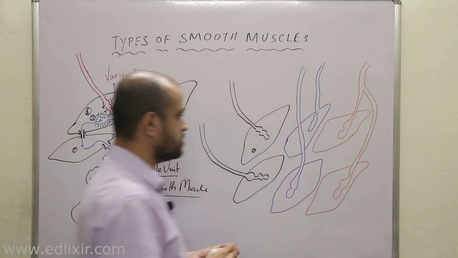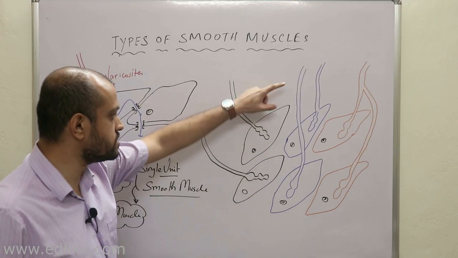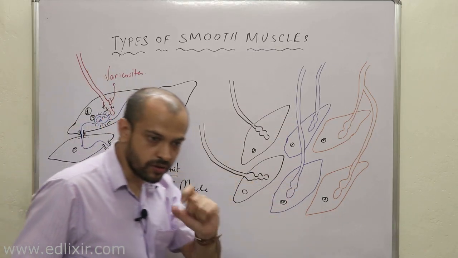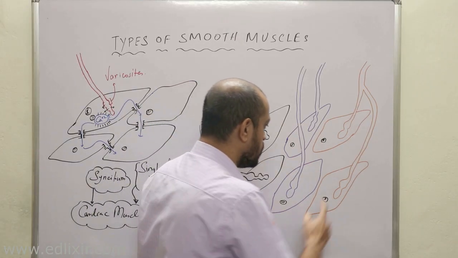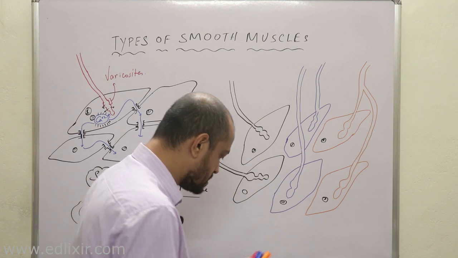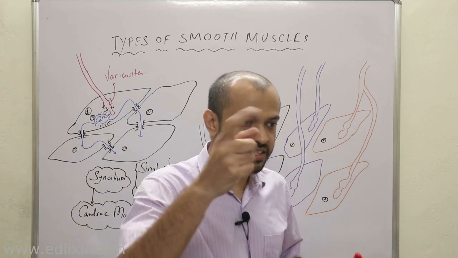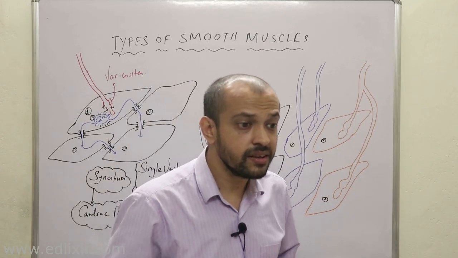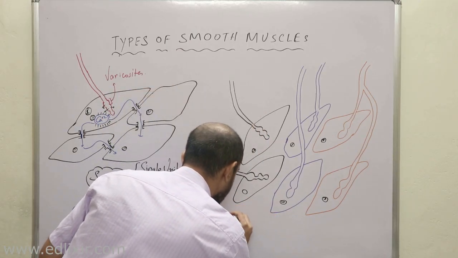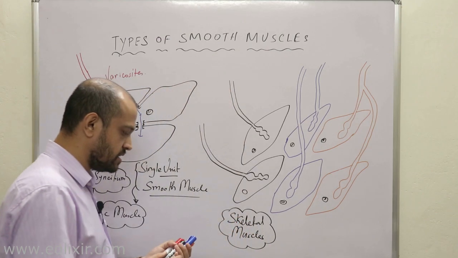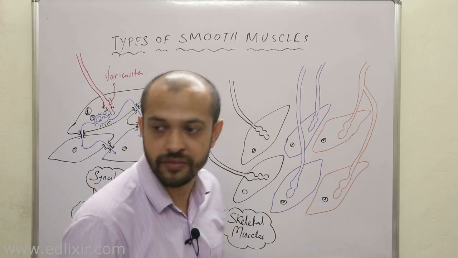Now listen, what I am trying to convey is that this may happen, each of these cells receive single inputs from different neurons, or it may happen some collaterals may actually activate two similar type of cells. This type of arrangement looks more or less like what? A single neuron activating a single muscle fiber which is occurring in skeletal muscle. Therefore, they act more like skeletal muscle. This type of arrangement is called multi-unit, because there are many units which contract independently of each other, right?